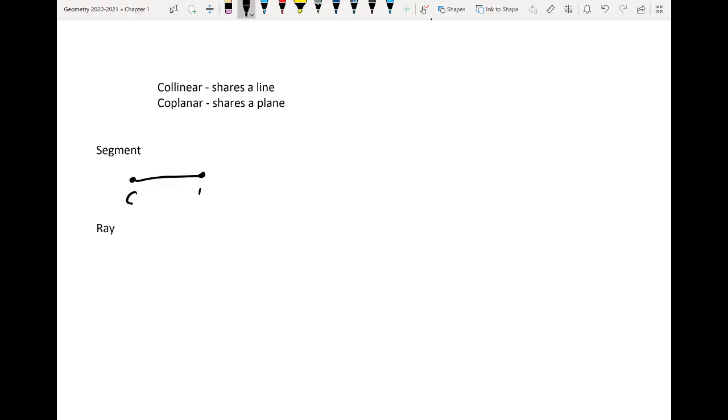This is line segment CD, and over it, you write a line segment, okay? You don't have to put the little dots, but you may on either end of it. And what that means is that the line has endpoints.